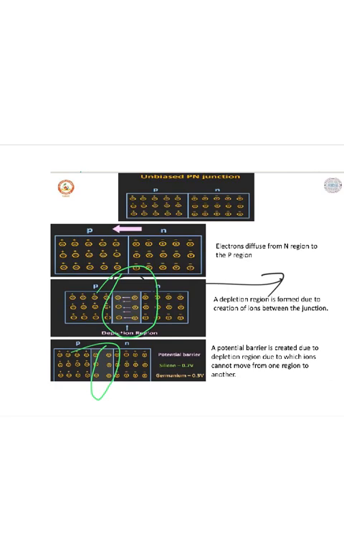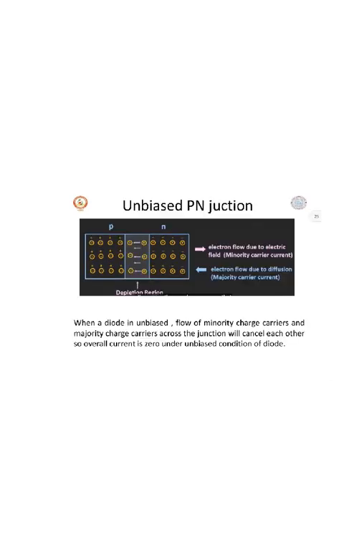Next you can see the electron flowing. You can see the depletion region is formed. When the diode is unbiased, the flow of minority carriers and majority carriers across the junction will cancel each other. So overall the current in the unbiased region will be 0.